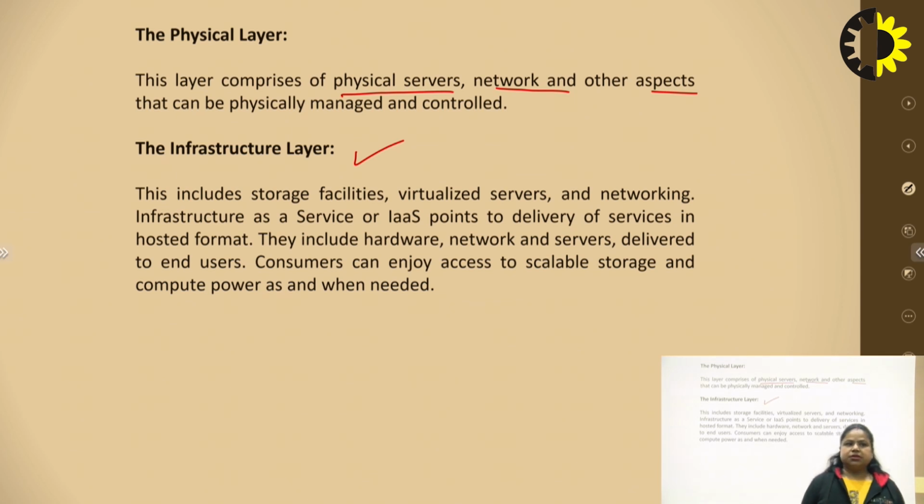Whatever the end users demand, we provide according to their needs. It includes hardware, networking, servers and so on, so that consumers can enjoy access to scalable storage and compute power whenever they need it.